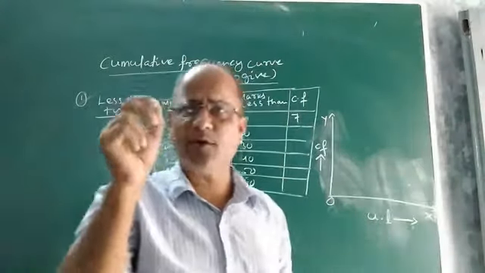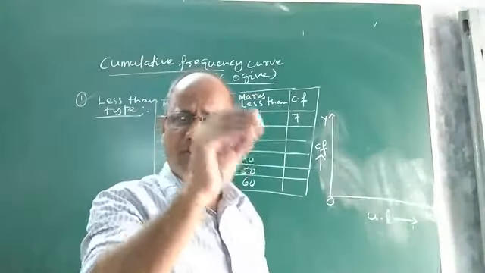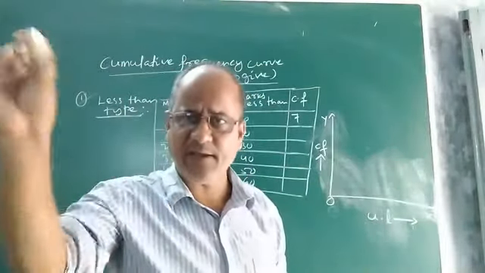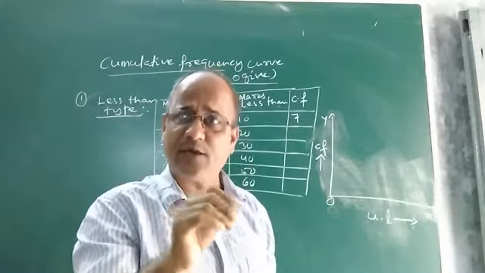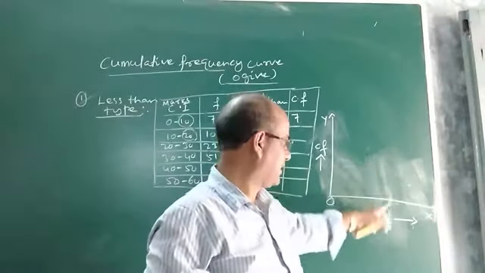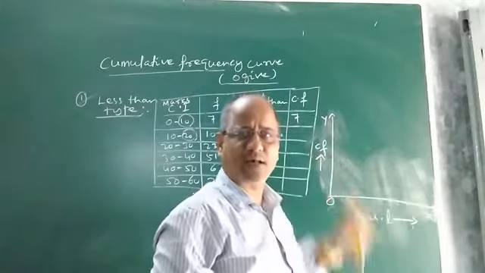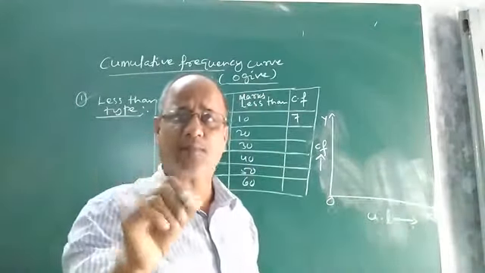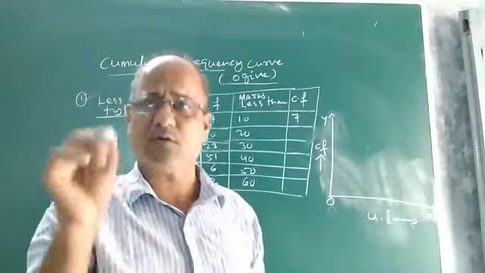If we join those points by freehand, we get a curve. The curve so obtained is known as your cumulative frequency curve or ogive.